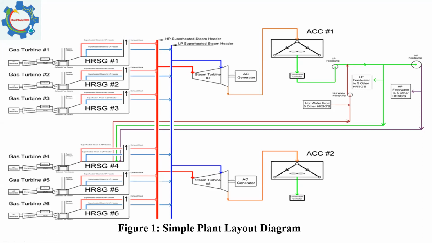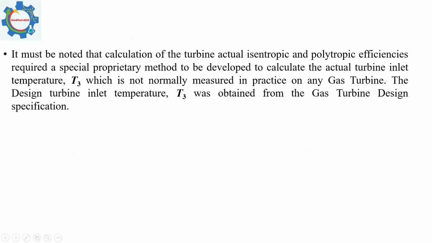Yes, the HRSG is a two-pressure HRSG, which generates steam at two pressures. And of course, the steam turbine is another major component. We have the air-cooled condenser, and the various pumps are also considered in this project. So this plant, as we said, shows all the major components.